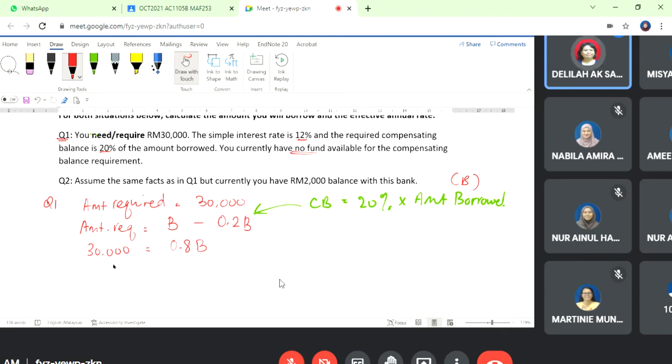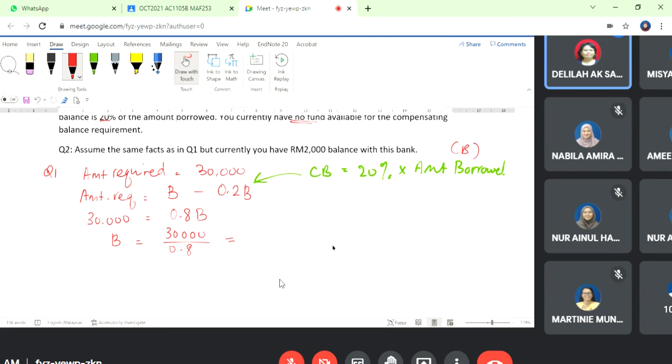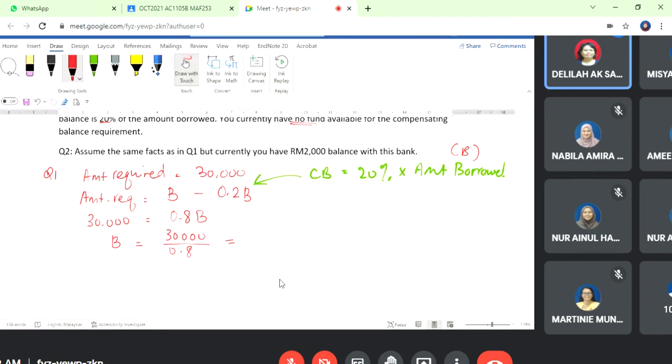So keying the figures into your calculator, 30,000 divided by 0.8 is how much? Anyone? 37,500.